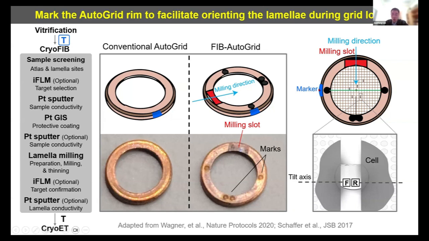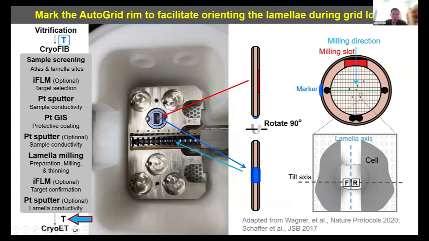This is really important for us to rotate the grid later when you transfer the grid into the cassette and into the electron microscope to do cryo-electron tomography or cryo-EM. This is important because we want to make sure the axis of the lamella is perpendicular to the tilt axis. And I will show the importance later.